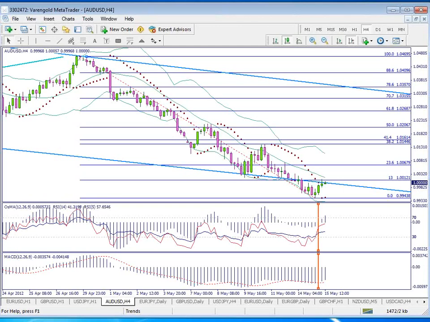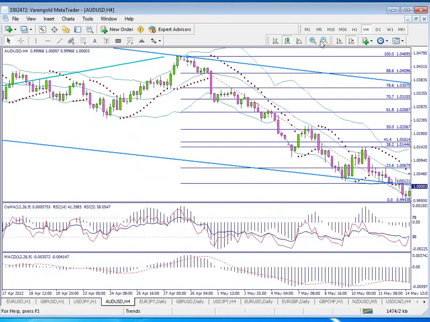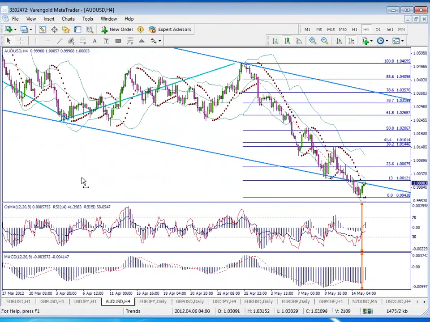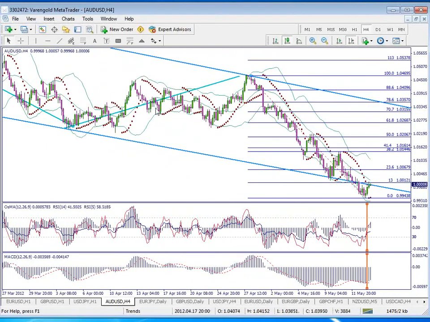Yes, usually the third wave is the strongest and the longest. But as long as this wave was very weak, also the third wave will be weaker.